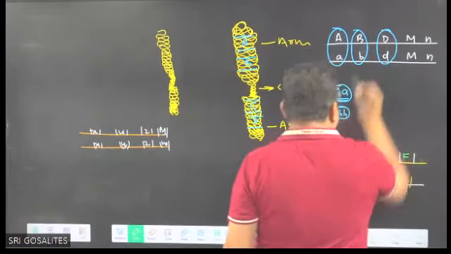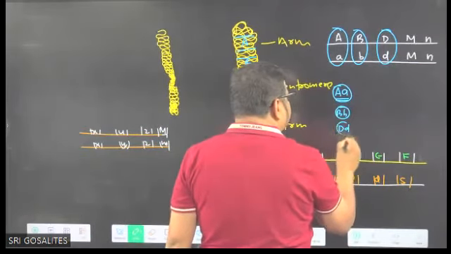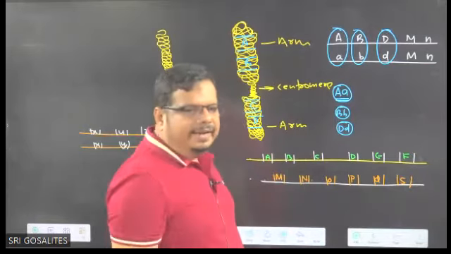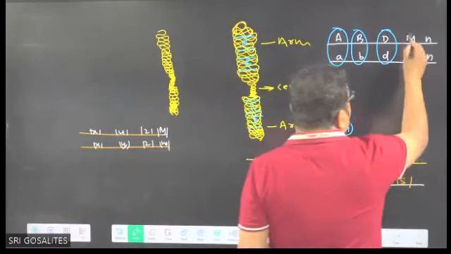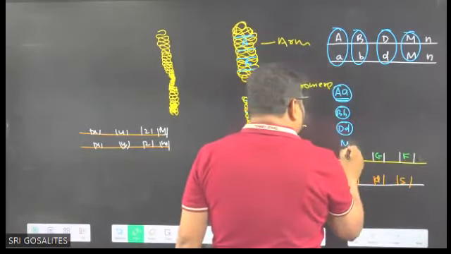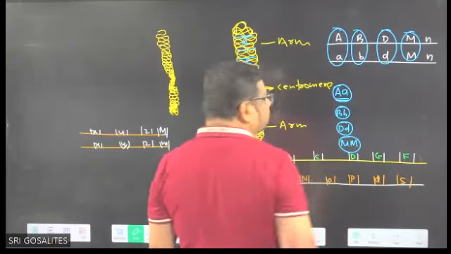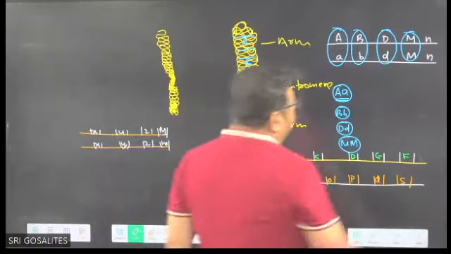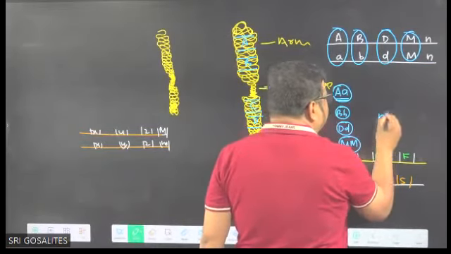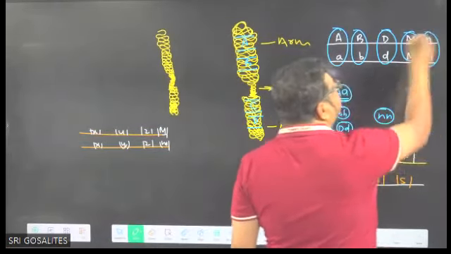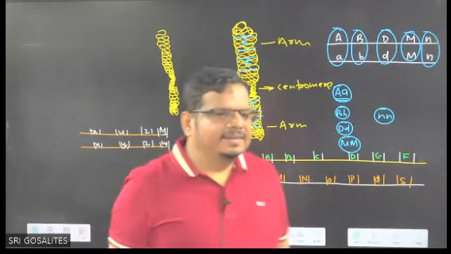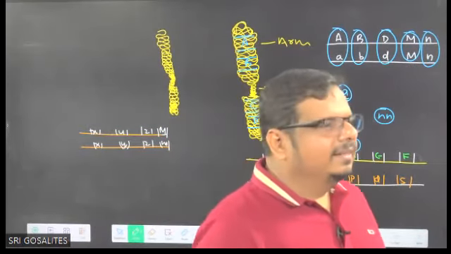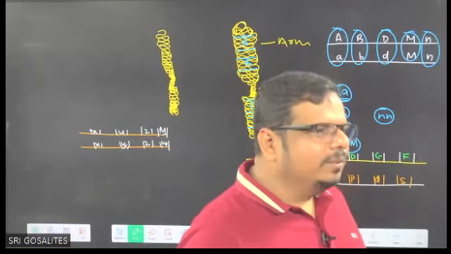Capital D, small d, homo, hetero? Hetero. Very good. Capital M, homo, hetero? Homo. Very good. And small n, homo, hetero? Homo.